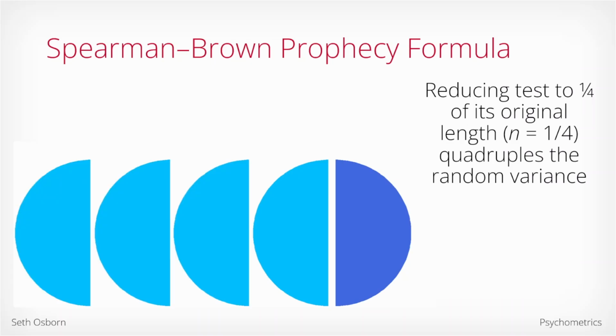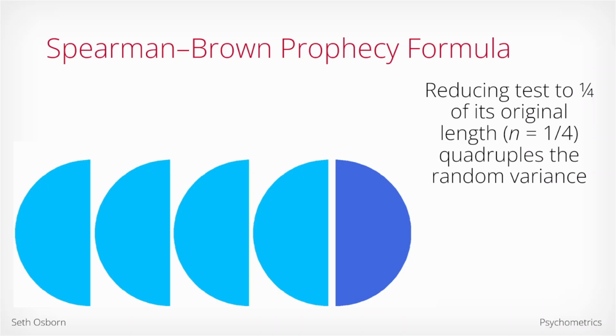We have 1/4 as many items, so we know we can expect to have 4 times as much error variance. Not great for reliability. So now we have a 4-to-1 ratio in favor of the error variance. Uh-oh. The reliability was 0.5. Now what's it going to be? Only 1 out of 5 total parts is true score variance, so the reliability has decreased to 1/5, or 0.2.